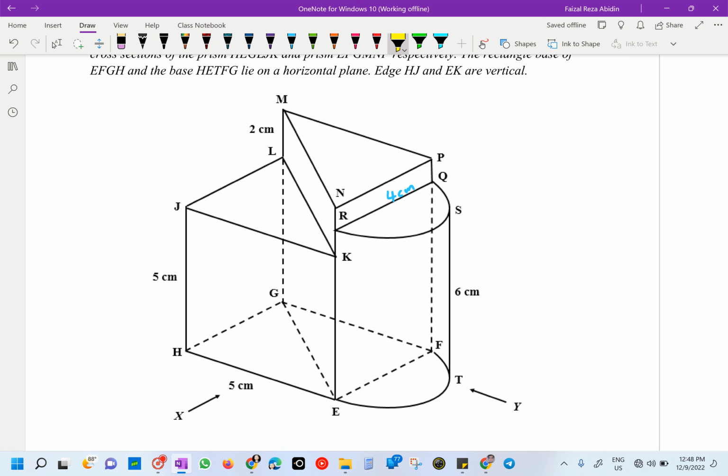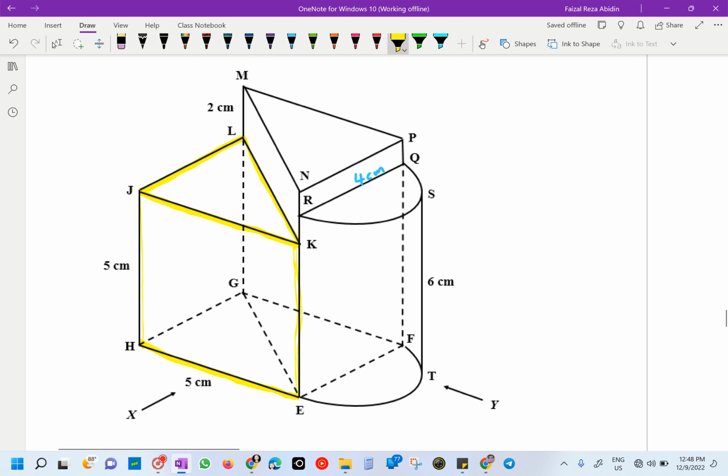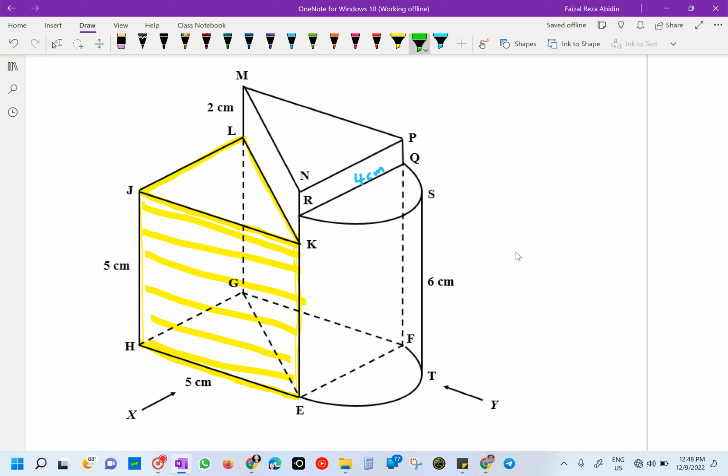The first prism is going to be in front here. This is our first prism. The second prism is going to be at the back. This one. This is going to be your second prism at the back there.